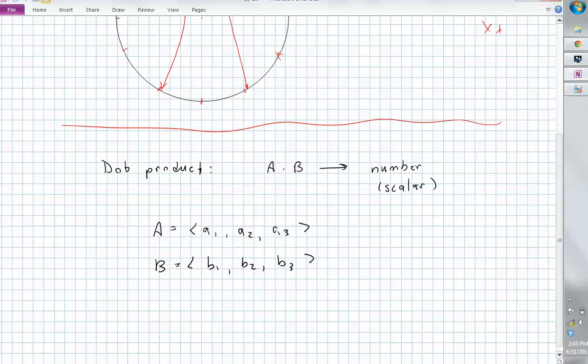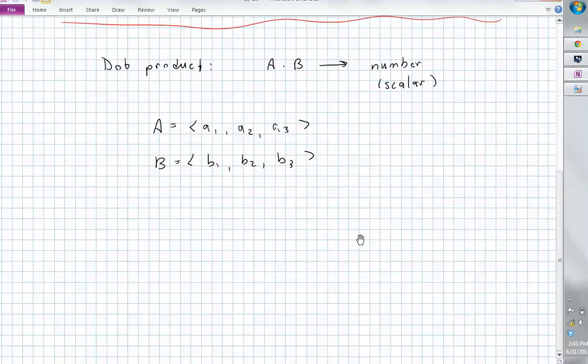So let's say I have two vectors, a1, a2, a3, b1, b2, b3, and I want to dot them. I want to compute their dot product. I just multiply the coordinates and add: a1 b1 plus a2 b2 plus a3 b3.